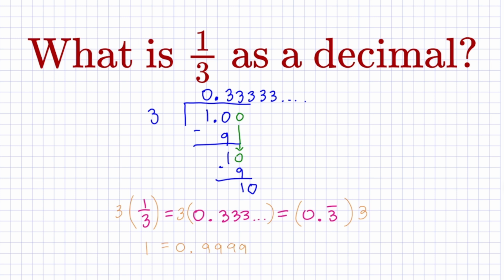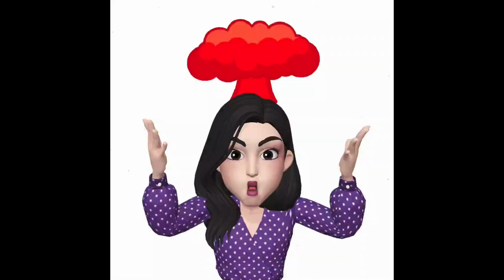When you multiply any of these 3's by another 3, you get 9, which doesn't spill over into the next place value. So these 9's will continue forever. And this is 0.9 repeating. What we've shown here is that 0.9 repeating isn't just close to 1, it is exactly 1.